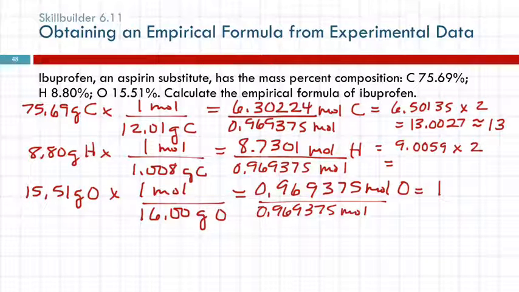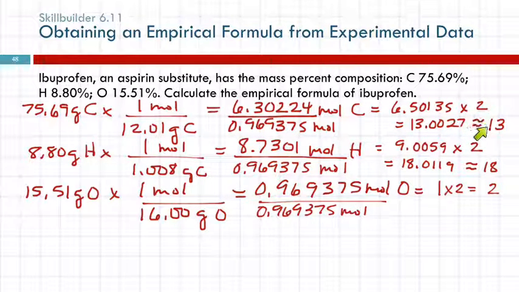This one comes out to be 18.0119. Also, I can round that one to 18. And I have to multiply this by 2, and I get 2. The simplest whole number ratio here is 13 to 18 to 2.